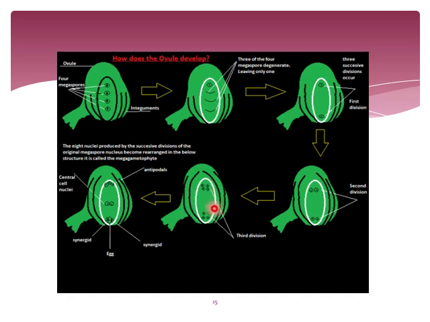These 8 nuclei, which are produced by the successive divisions of the original megaspore nucleus, become rearranged in the structure in the form of megagametophyte. So this is the structure which is showing how the ovule develops, and how the internal portion of the ovule, which is known as megagametophyte, develops from megaspores or megaspore mother cells.